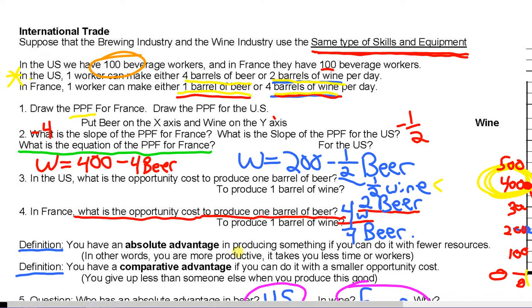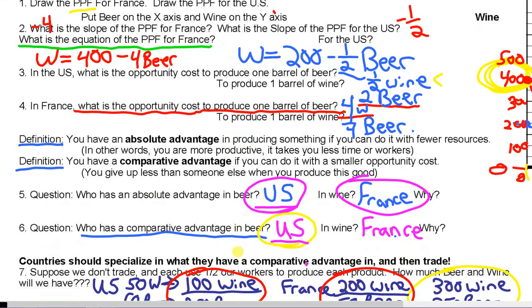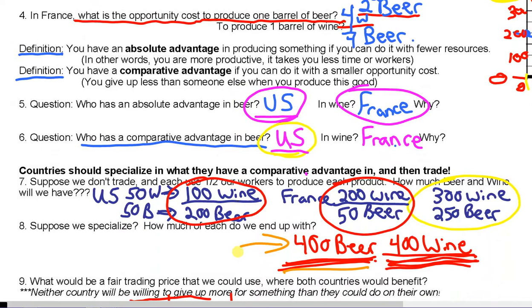In the short run, if all of a sudden we go from the situation where people aren't trading to specializing and trading, there are going to be some short-run problems where people in these countries are going to be mad. Suppose you were one of these wine workers in the United States. Well, you're going to lose your job.